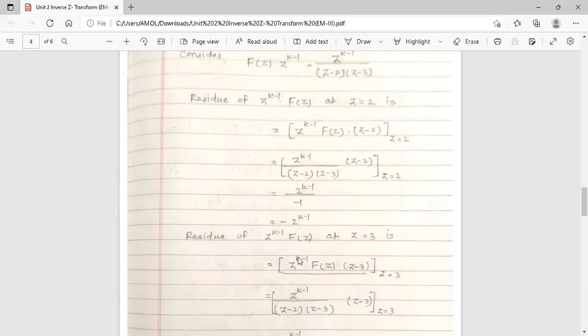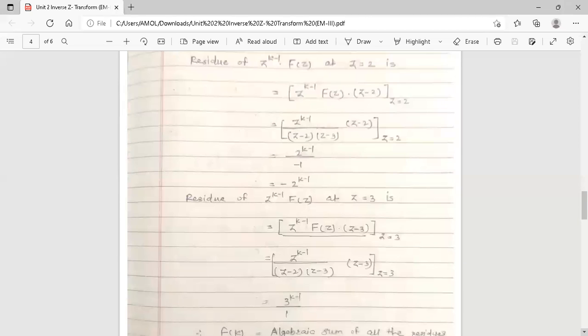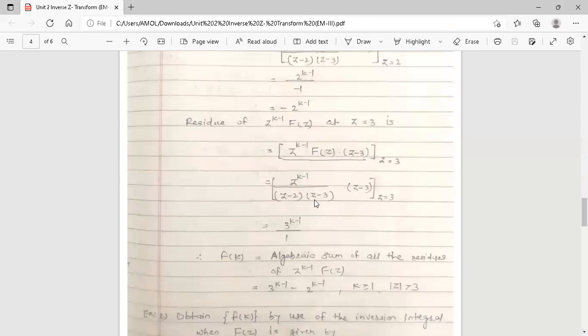It is equal to z minus 3 into z raised to k minus 1 into f of z at z is equal to 3. Now you know the term z raised to k minus 1 into f of z is z raised to k minus 1 upon z minus 2, z minus 3. So the z minus 3 gets cancelled and the term is z raised to k minus 1 upon z minus 2.